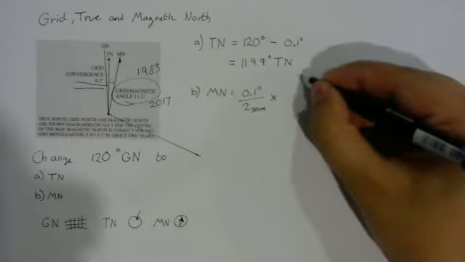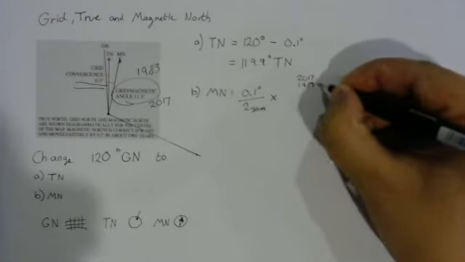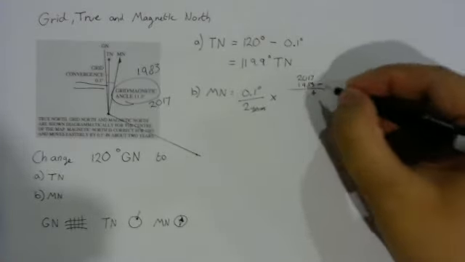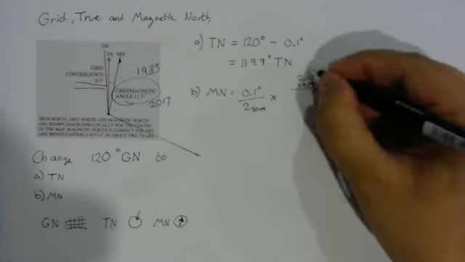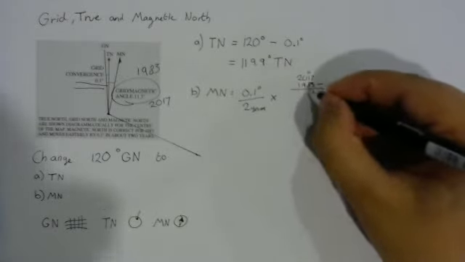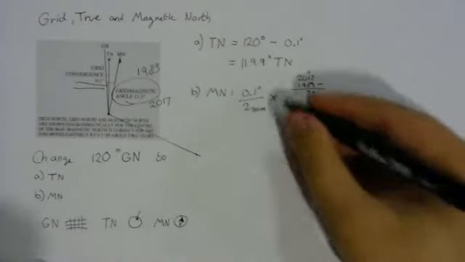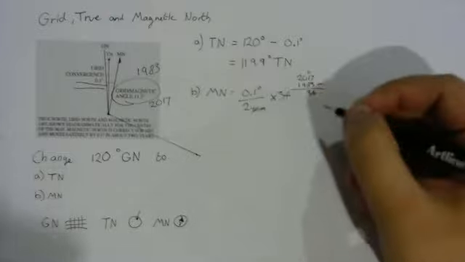So 2017 minus 1983, we're going to get 4, carry the 1, 11 minus 8 is 3, so 34 years. We're going to multiply this by 34.